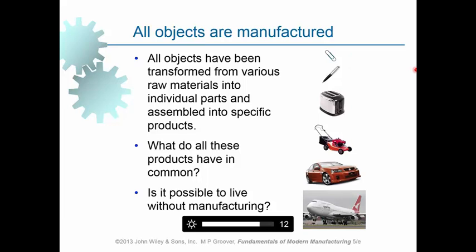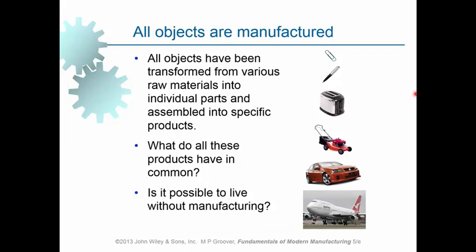However, in the other ones, there are more than a single part that are assembled together in order to produce the product. For example, in the case of the ballpoint pen shown here, there are some 10 parts that are individually produced and manufactured, and eventually they are assembled together in order to make this pen.